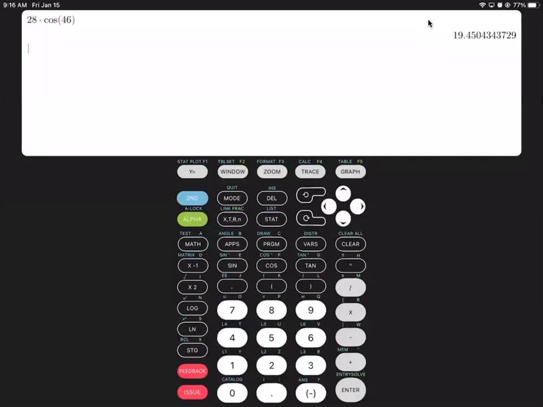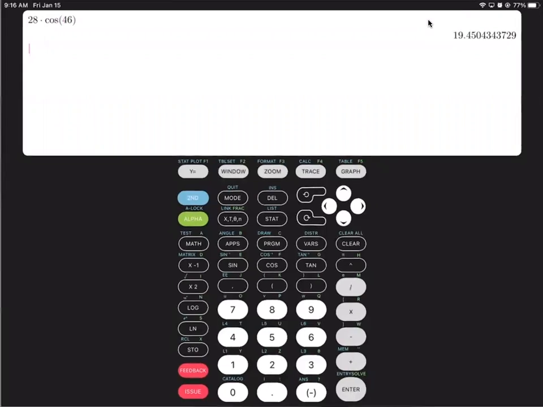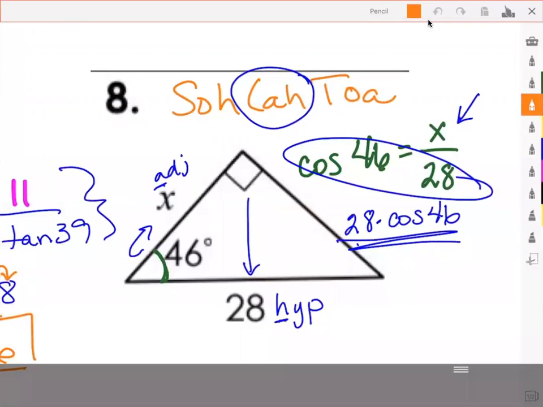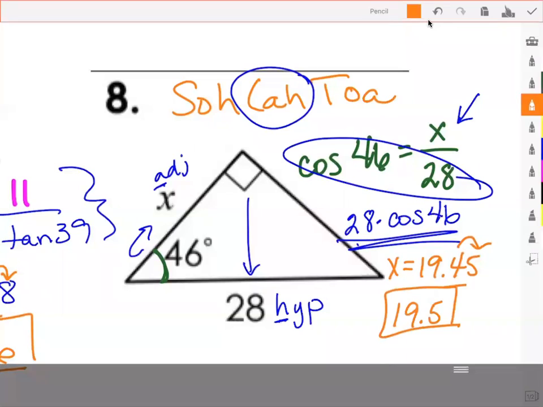So 19.45. Which when we round to the nearest tenth would be 19.5. So sides you round to the nearest tenth, angles you round to the nearest whole degree.